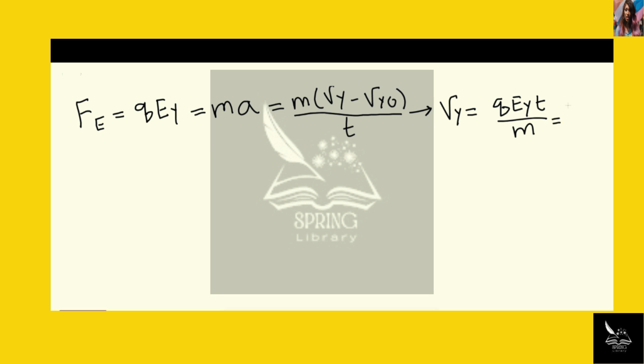We can simplify that further as q times the y electric field, the distance that it travels across the plate, over mass times x velocity.